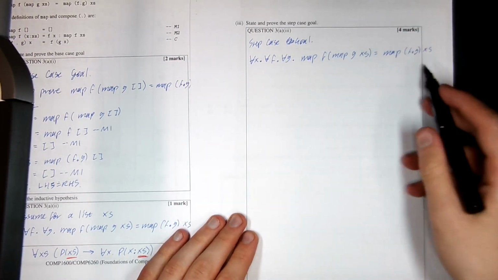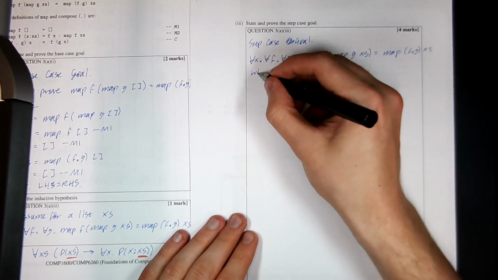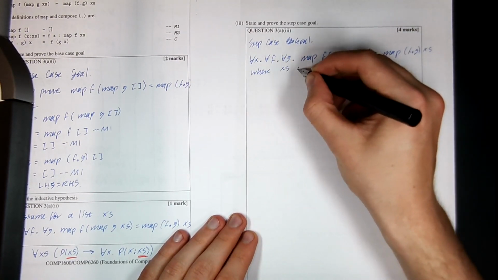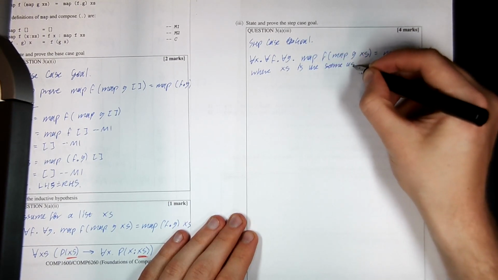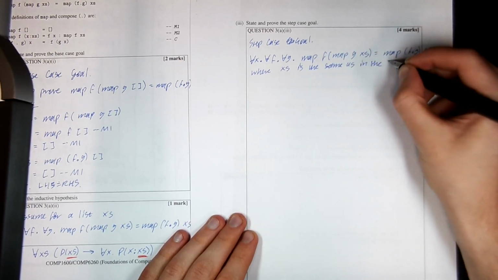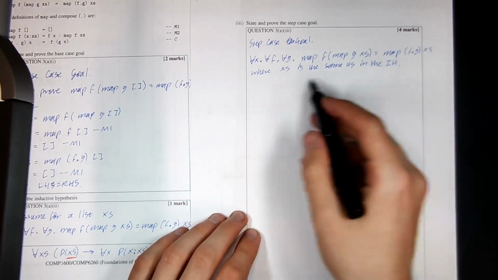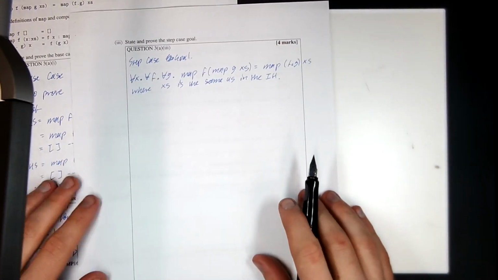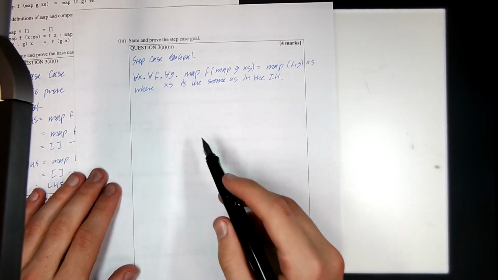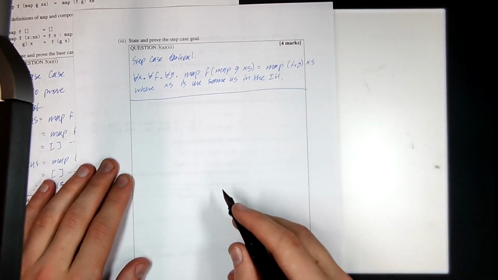You notice that xs is a free variable, and it's the same as in the inductive hypothesis. It's not necessary to put this line here. This line here will be perfectly adequate. It's just good practice to reference what the xs is. Okay, so let's do it.